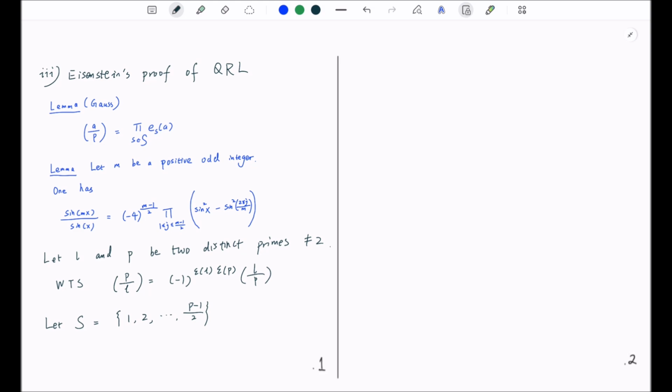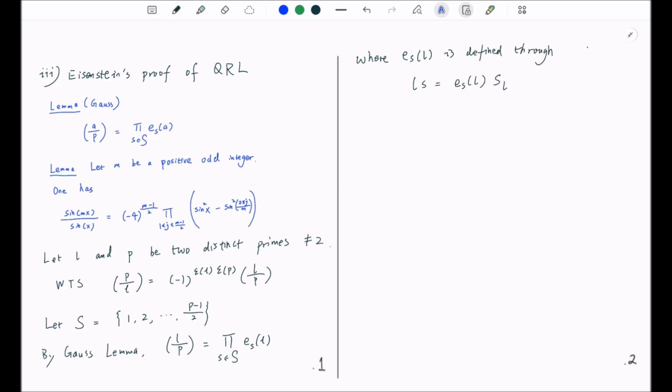By Gauss lemma, we have L over P is equal to the product of E sub S of L for S ranging over capital S, where this E_S of L is defined by the following equation. And recall that this E_S of L is plus minus 1, and this S_L is also in S.